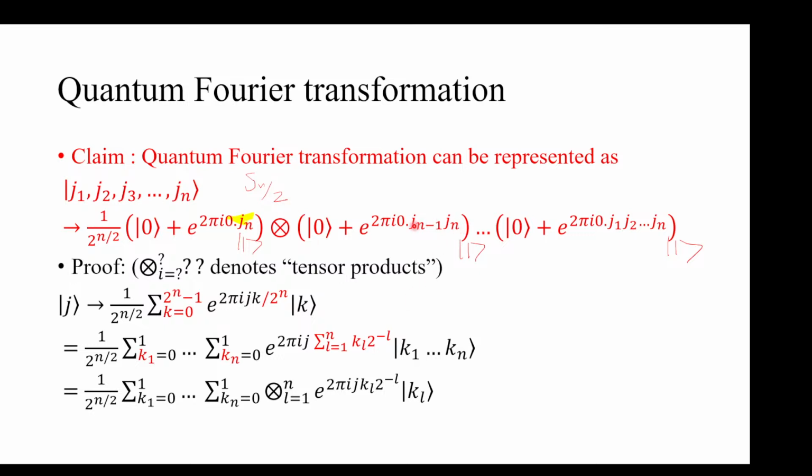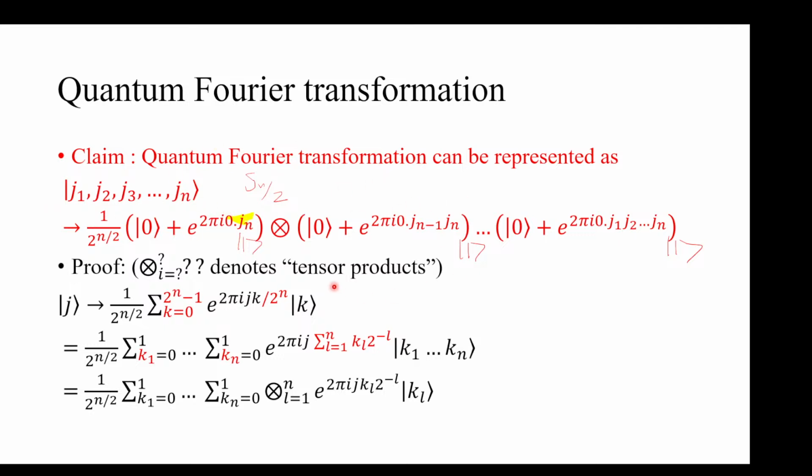Okay, and then this is 0.jn-1 jn, which is jn-1 times 2 plus jn, over 4, etc. And so you have those fractions here, fractions of 1 here, yeah. Anyway, so you have those phases on 1.